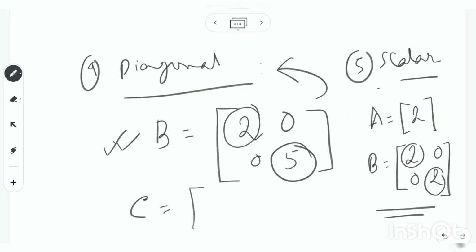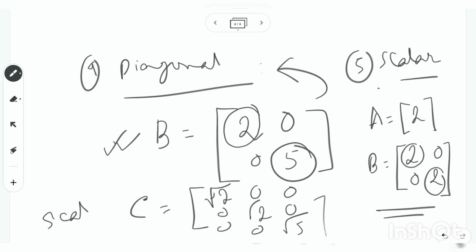Let us take another example of a scalar matrix: root 2, 0, 0, then 0, root 2, 0, and 0, 0, root 5.